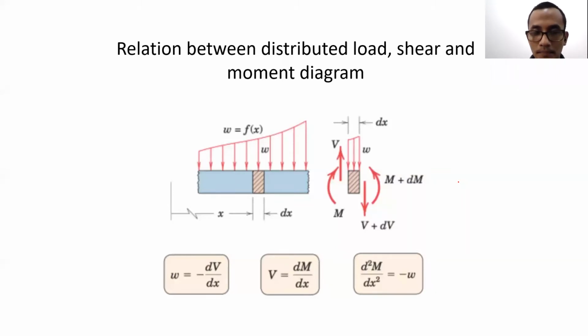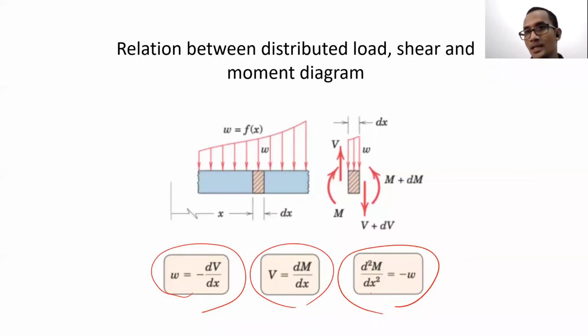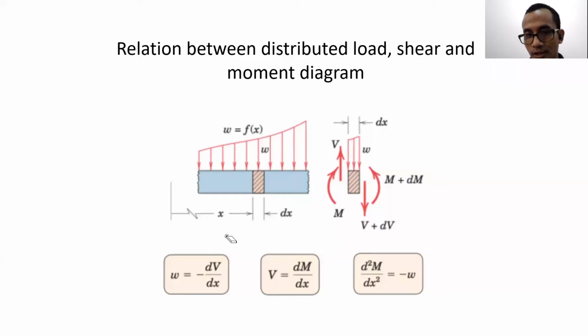So basically, if you have a distributed force W, shear force V, and moment, the equation of each of those is connected to each other, which means that you can derive the equation of the shear force from the moment diagram, and you can find out the equation of a moment diagram from the shear force.